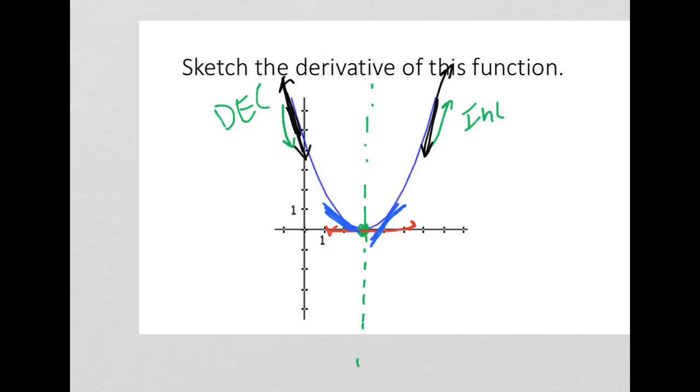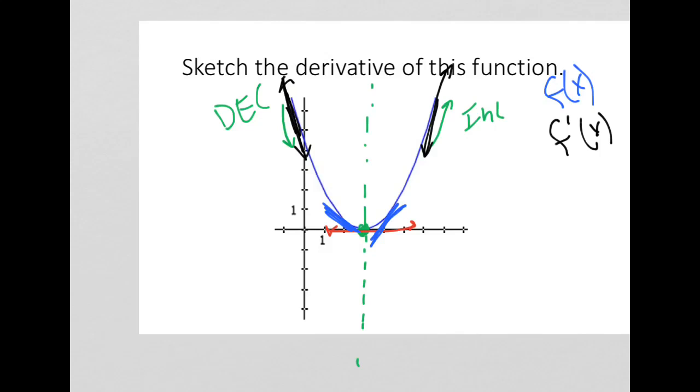So let's piece all that information together now. Remember, we're sketching the derivative of this function. So if we say that the blue function was f of x, we are going to sketch f prime of x, and again it's just denoted with an apostrophe there. But let's piece it all together.